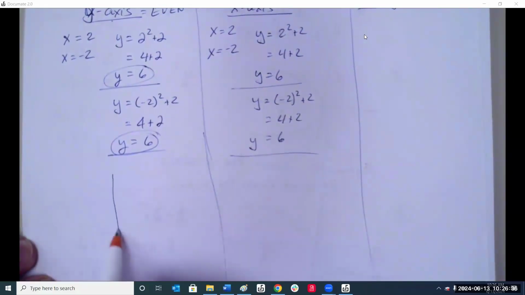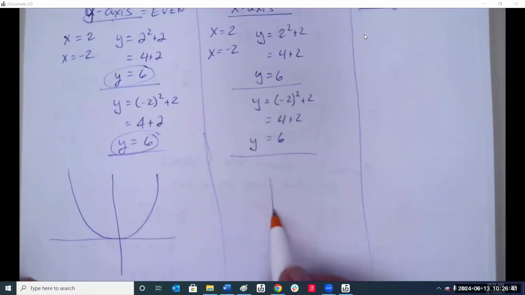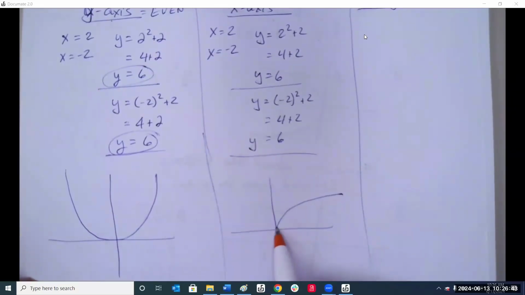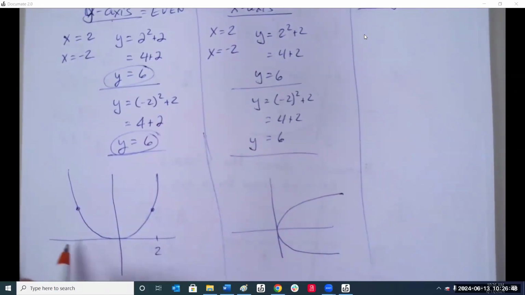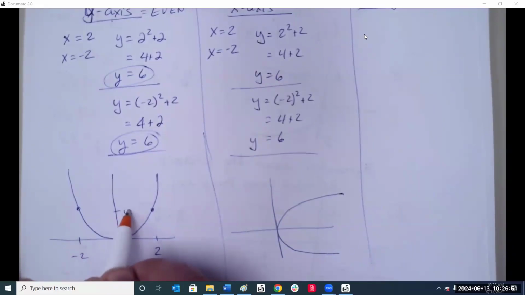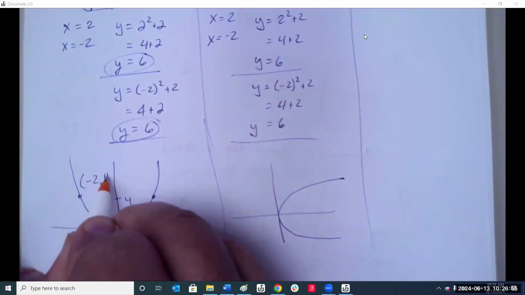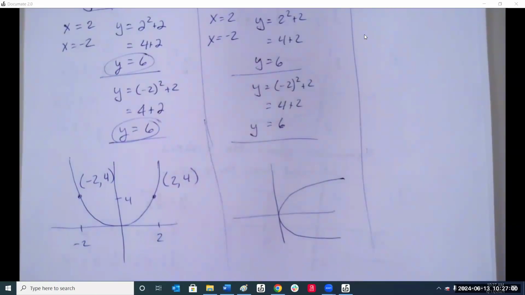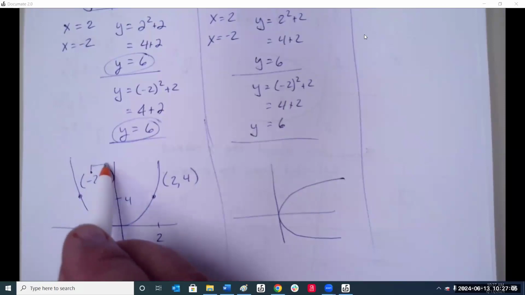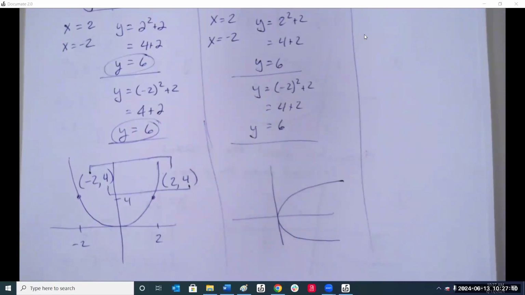Let's look at the pictures. If it's symmetric about the y-axis, it looks like this. Symmetric about the x-axis, it looks like this. So we have the points. So this point looks like -2, 4. This is +2, 4. What do we notice about that one? Different x's, same y.